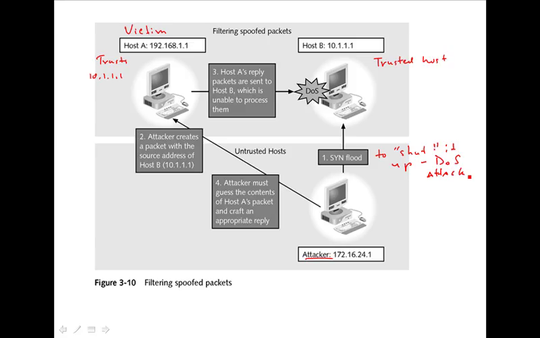We don't want it to be able to respond. So that's what happens first. Second, the attacker creates a packet with the source address of the trusted host, which is 10.1.1.1, and sends this to the victim. This will be a SYN packet.